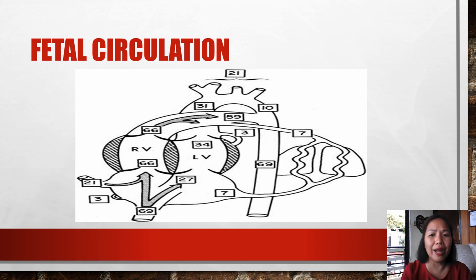Then the rest, which is 31%, goes to the ascending aorta. 21% goes to the neck vessels supplying the brain and the upper extremities, and only 10% of fetal cardiac output flows all the way into the aortic arch to the descending aorta.